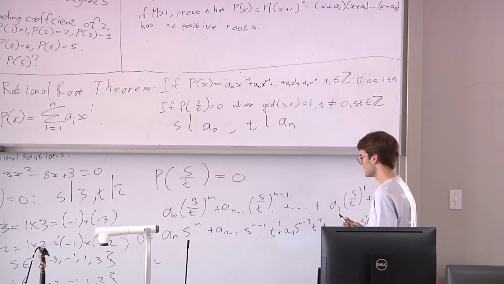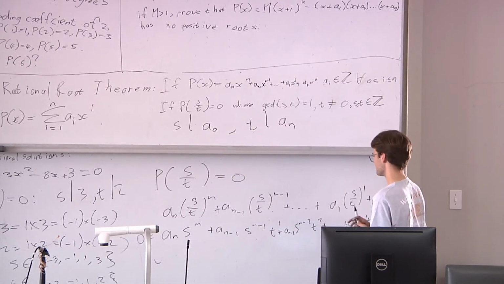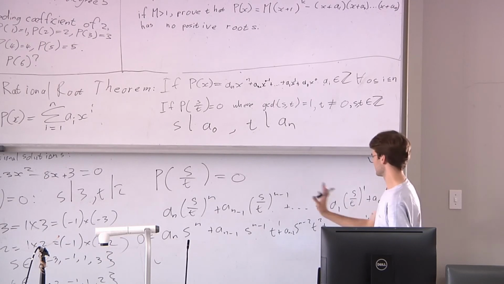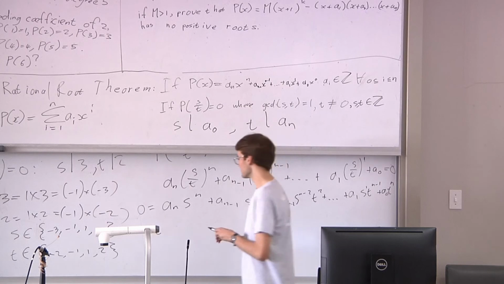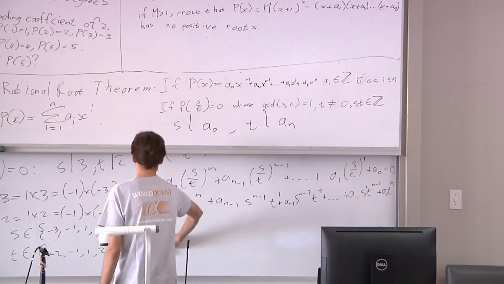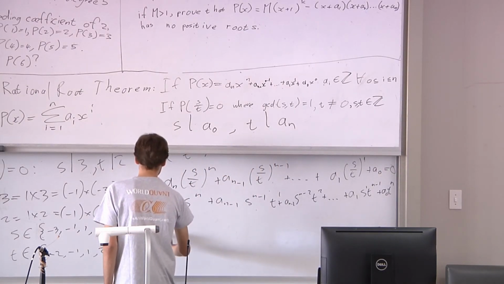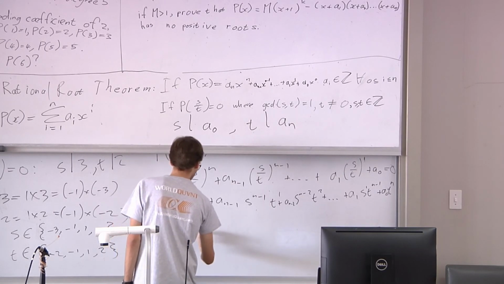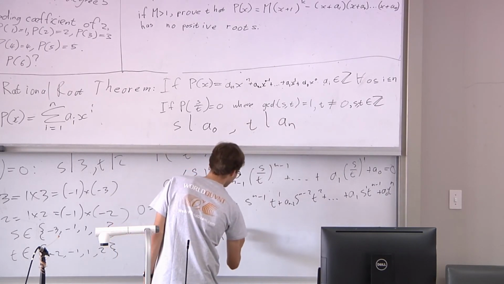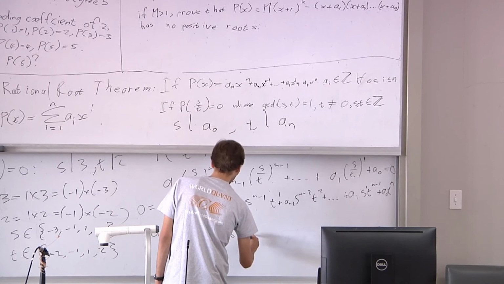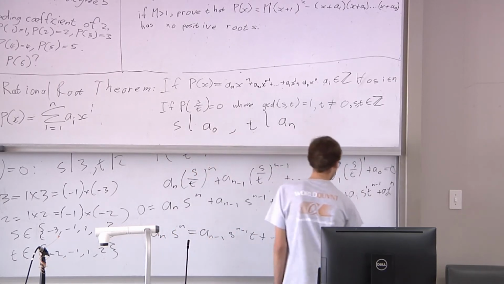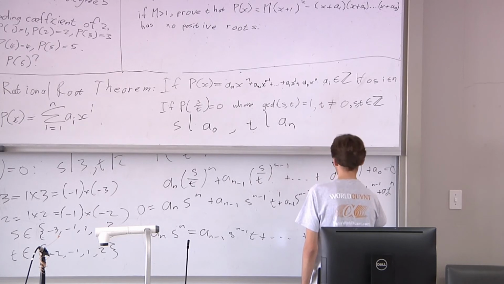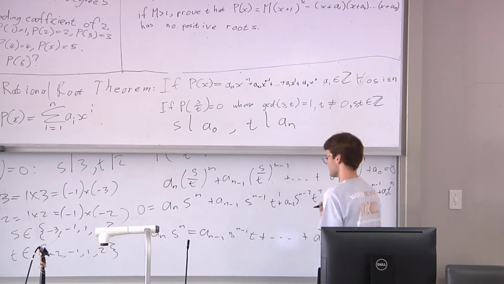Okay, and at this point you move the leading term over to get that minus a_n s^n is a_(n-1) s^(n-1) t plus whatever plus a_0 t^n.